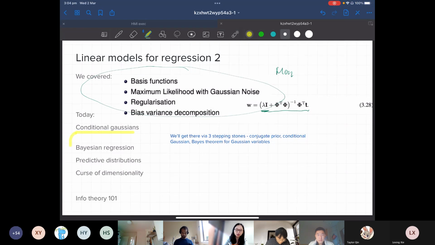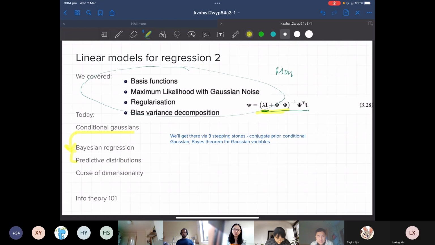Then we're going to use them to derive Bayesian regression and the predictive distribution, and see what linear regression looks like if we interpret it in terms of conditional Gaussians, Gaussian priors, and so on. One result is that after all this hard work, we will be able to see that the Bayesian view of regression and regularizing have inherent connections with each other.